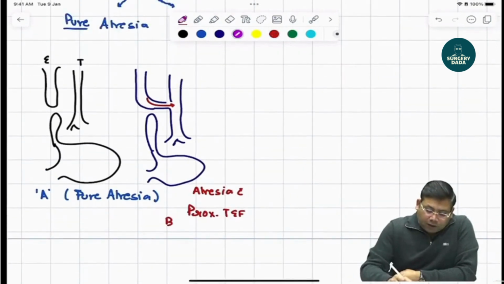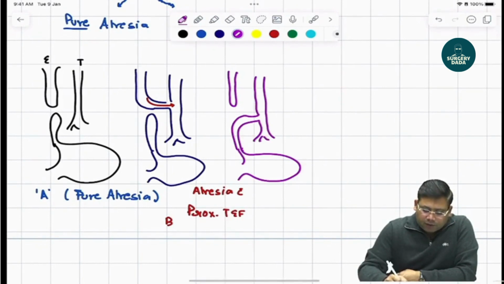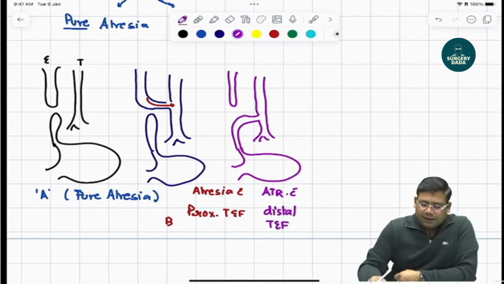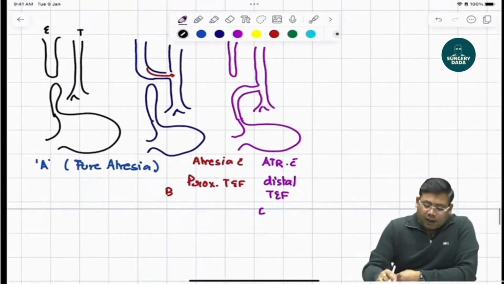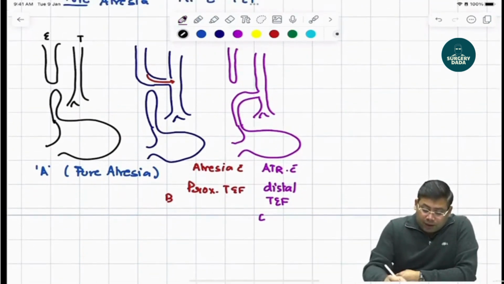Then we have the third variety, the variety which I have already shown. Atresia is there, and this is the variety of atresia with the what, students? Atresia with distal TEF. So atresia with the proximal TEF we have, atresia with the distal TEF we have. This is type C. Then we have type D. What is type D, students?